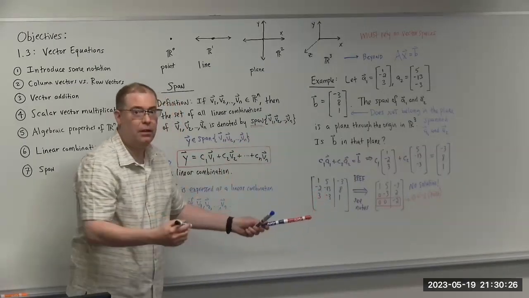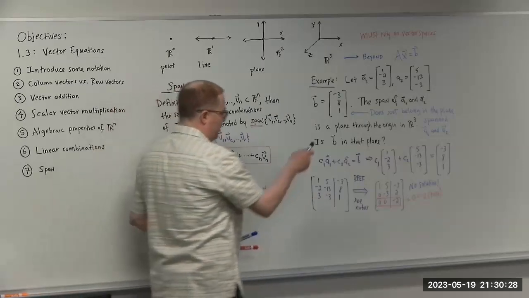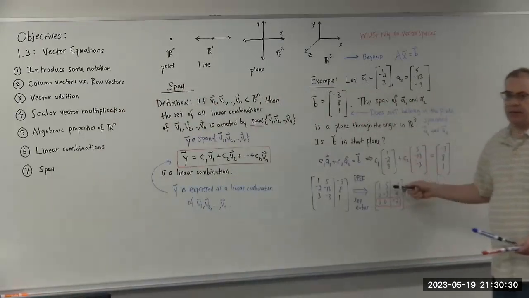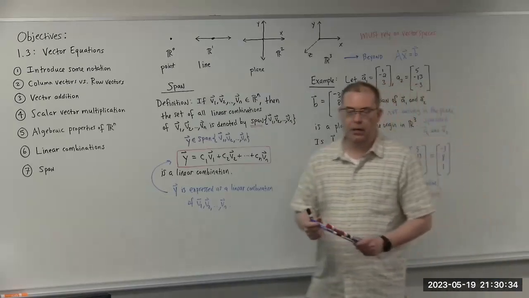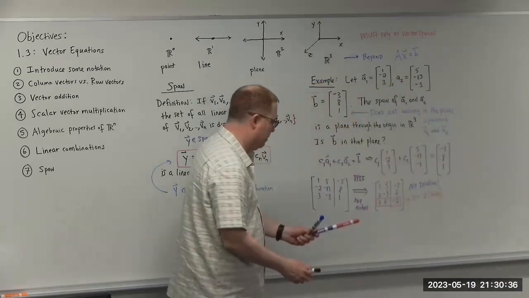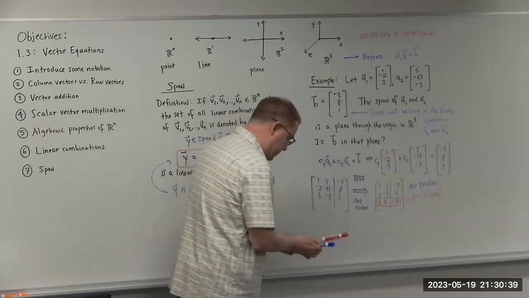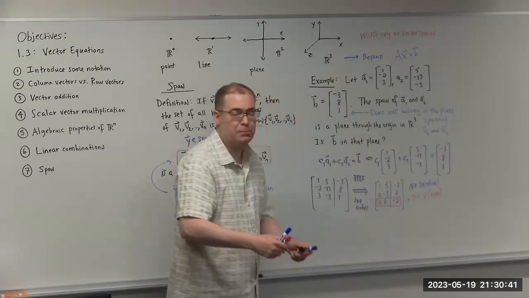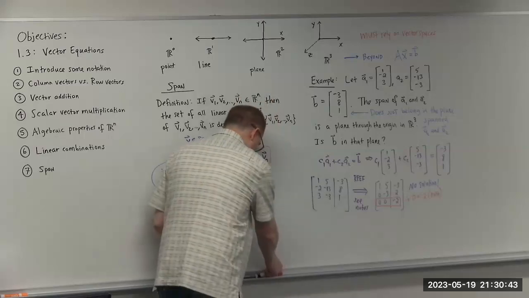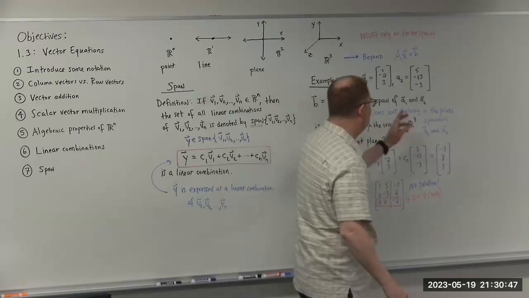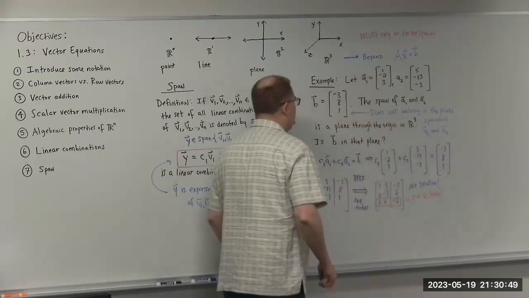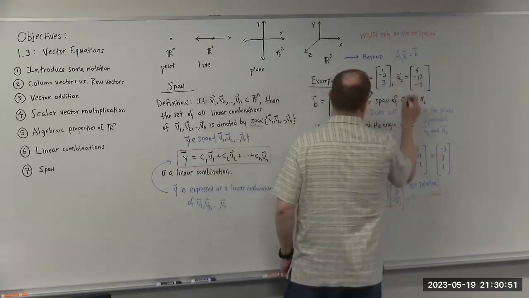So the mathematics here tells us what's happening geometrically. It's not in the plane, so it must be sticking outside the plane. The vector B does not belong to the plane spanned by those two vectors.